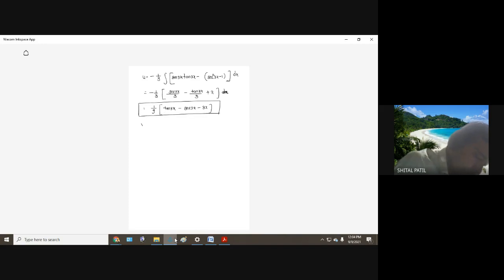Getting everyone? I have taken 1/3 common and taken minus sign inside. So positive terms will become negative, negative will become positive. Hope you are getting it.